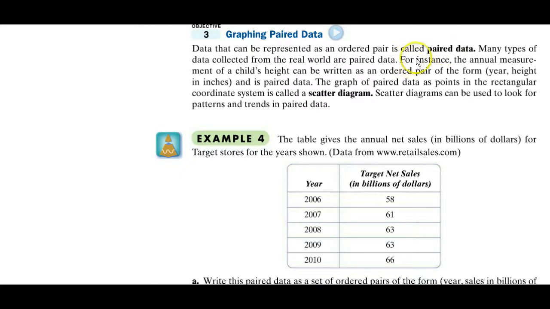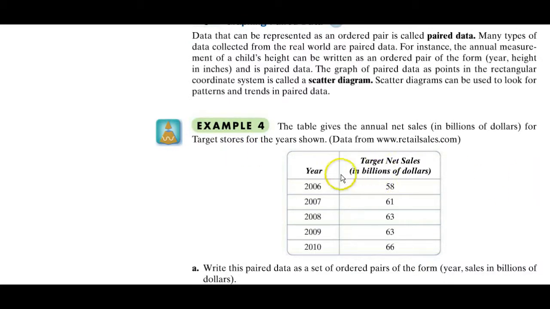So we think of paired data. So in example 4, they're giving you the annual net sales in billions of dollars for Target stores. And you see them here. Now, with this data, can you make a graph? And the answer is yes.